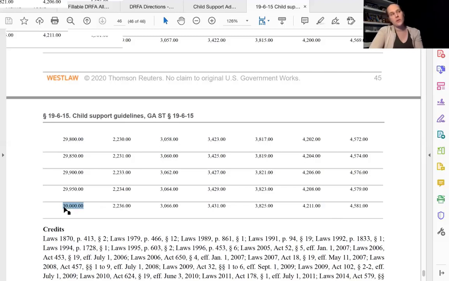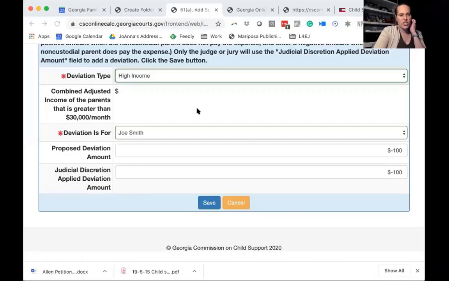So if you have somebody who's making $100,000 per month, that's $70,000 that's not being taken into consideration here. And so the way that you fix that, if we go back here to our worksheet, is you do a high income deviation.